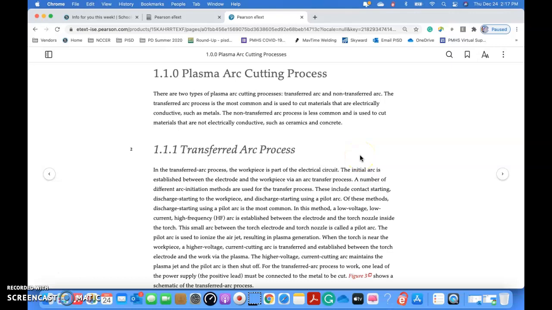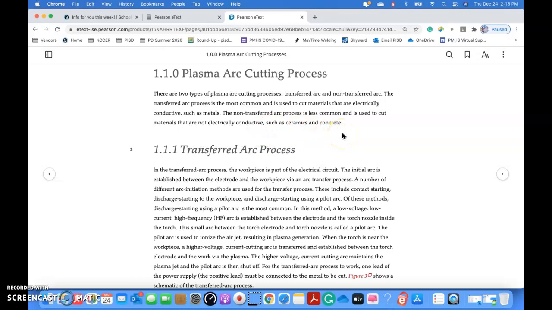Plasma arc cutting process. There are two types of plasma: transferred arc and non-transferred arc. The transferred arc process is the most common and is used to cut materials that are electrically conductive, such as metals. The non-transferred arc process is less common and used to cut materials that are not electrically conductive, such as ceramics and concrete.